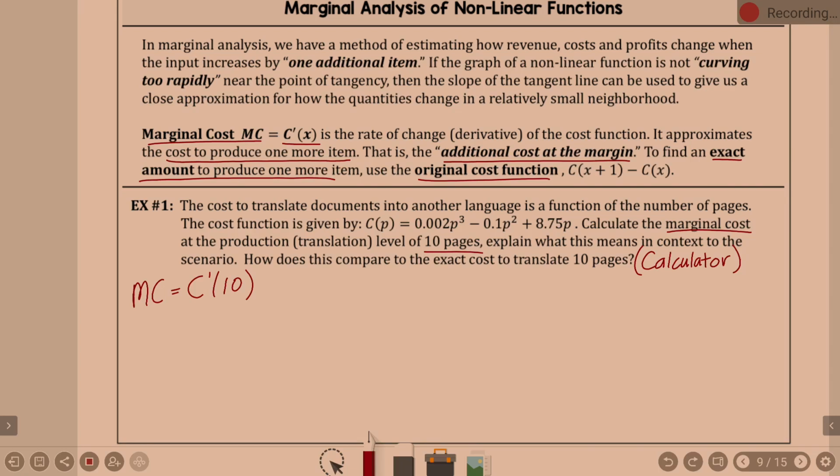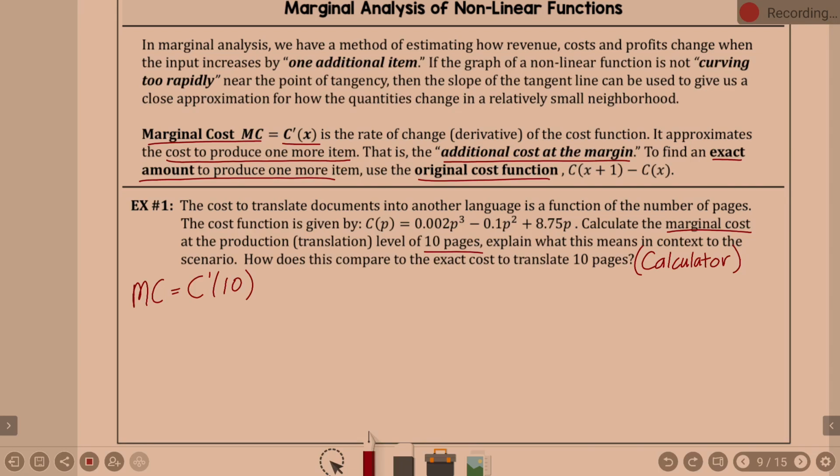So, C prime of 10. Could you just put it in on the calculator? Yeah, how did you do that? Yeah. Could you just do, if we don't have to keep using this equation, which you might have to keep using, might you want to type it in on y equals? Sure.